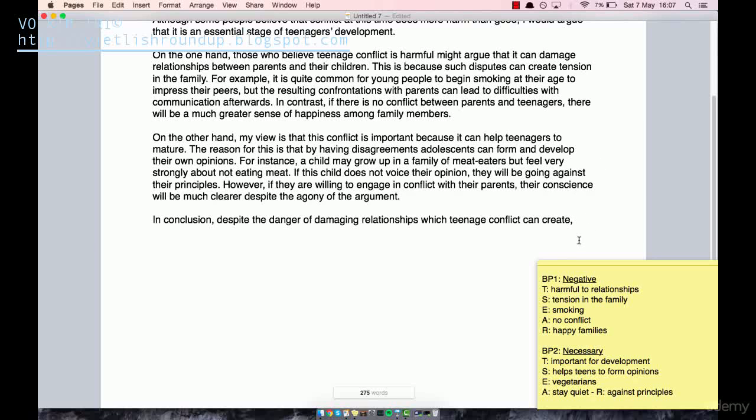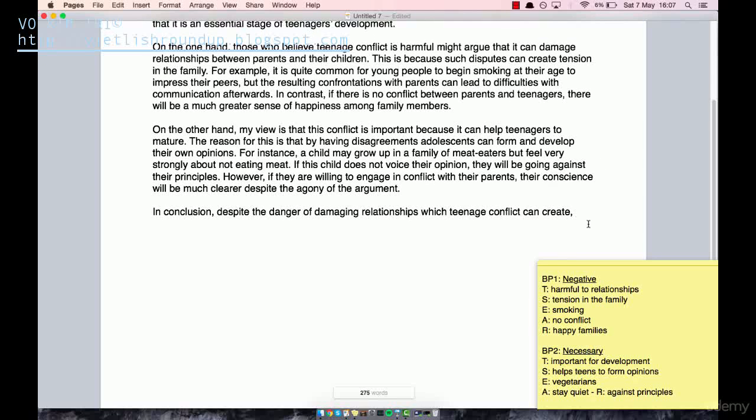So despite the danger of damaging relationships, which teenage conflict can create, it is my firm belief that, nice little bit of opinion language, but absolutely essential for the task because we need to be very clear about what our view is in the introduction, in the body and in the conclusion to present a clear position throughout the response.